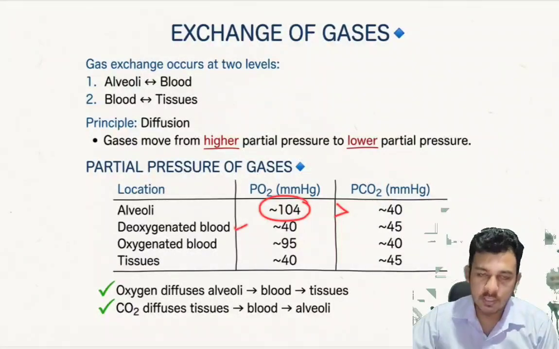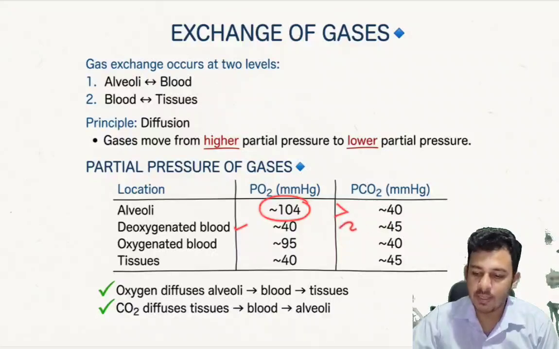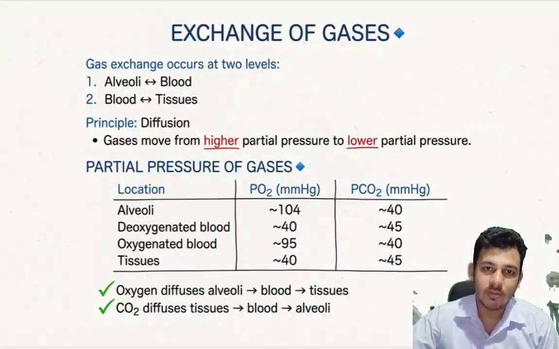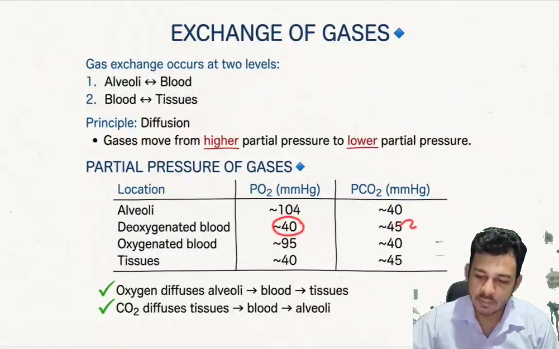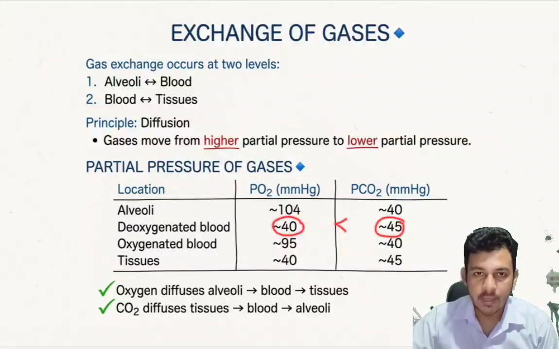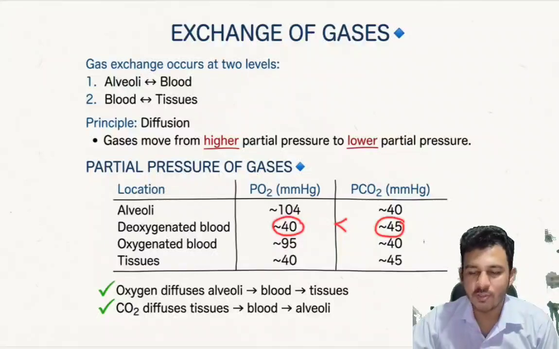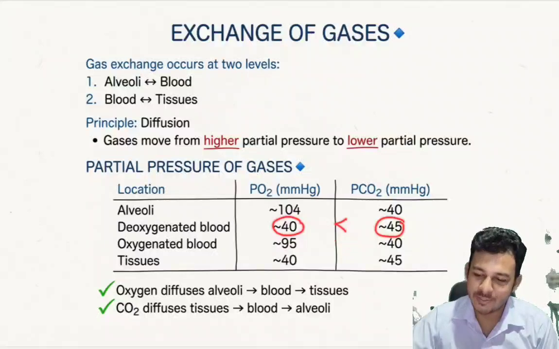Next comes the deoxygenated blood. It is known as deoxygenated because the amount of carbon dioxide is higher, so the partial pressure of oxygen is less compared to the partial pressure of carbon dioxide in deoxygenated blood. In case of oxygenated blood, it is known as oxygenated because the partial pressure of oxygen is higher compared to carbon dioxide.